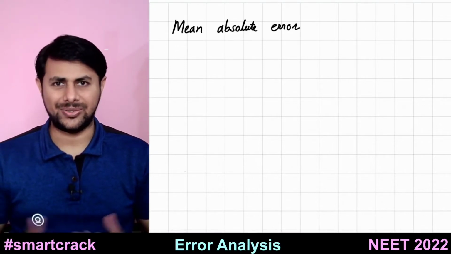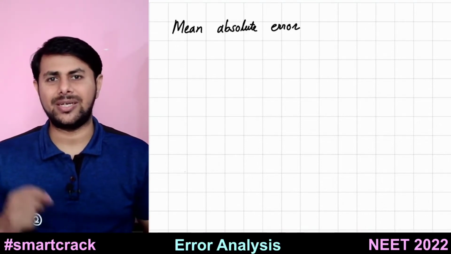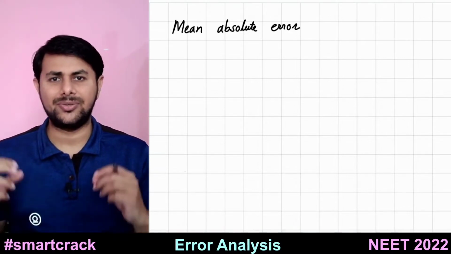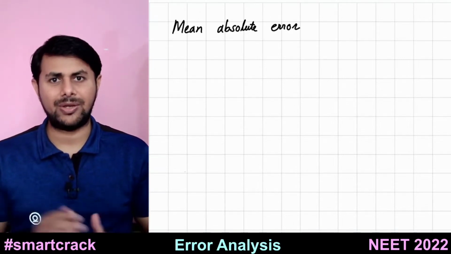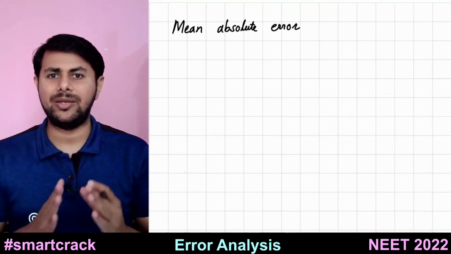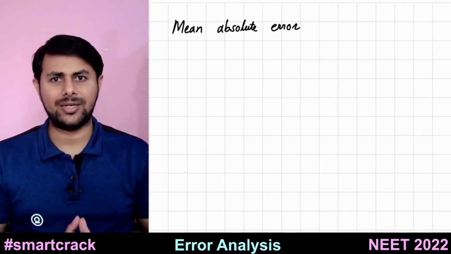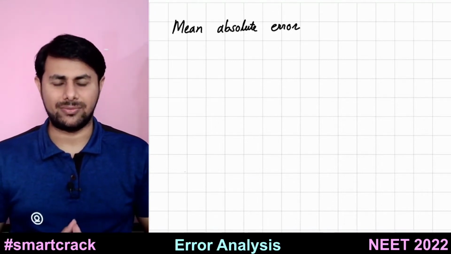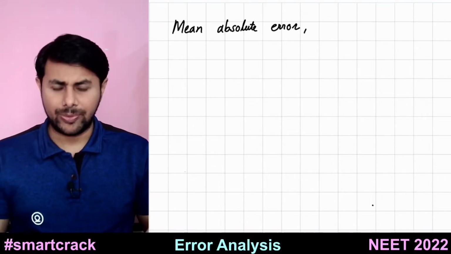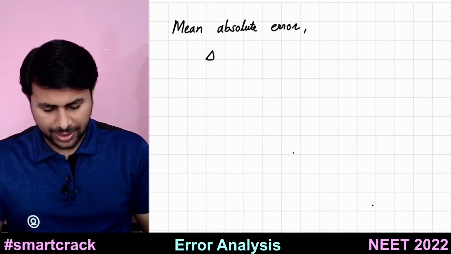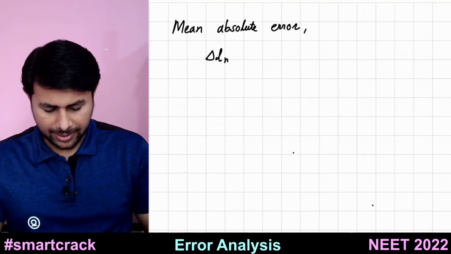That's not the case. It doesn't matter whether the error is positive or negative, an error is an error. That's why we find the mean absolute value of the error instead of the mean value. So let's suppose the mean absolute error is delta Lm.